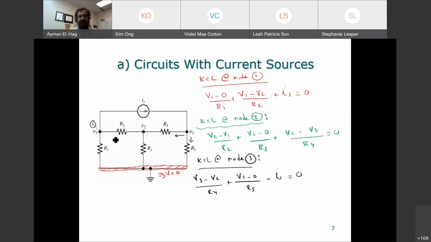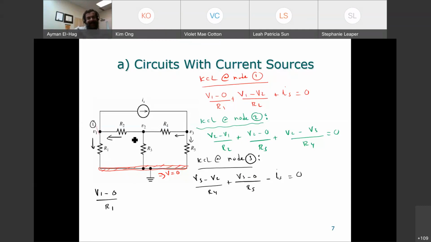So let me assume the current here is entering the node, like this. This leaves, this enters. And let me write the equation and see how it is different from this equation. If we get the same equation, then it doesn't really matter. It's just your assumption. This current leaves the node, so it is V1 minus 0 divided by R1.